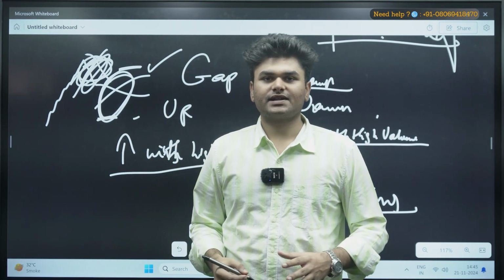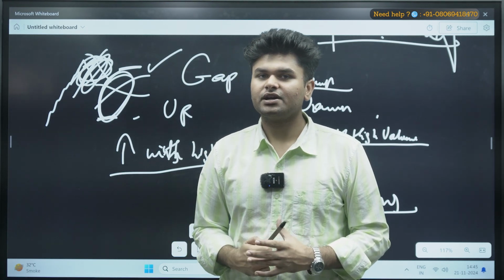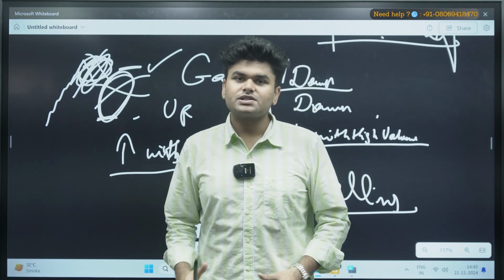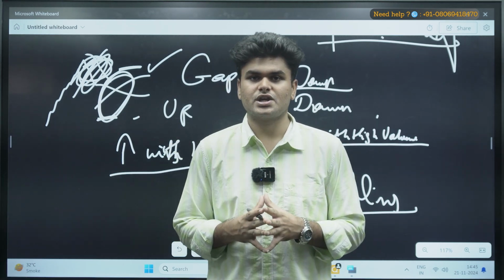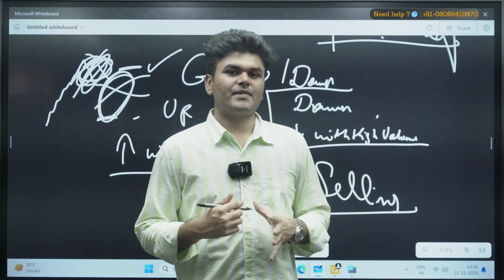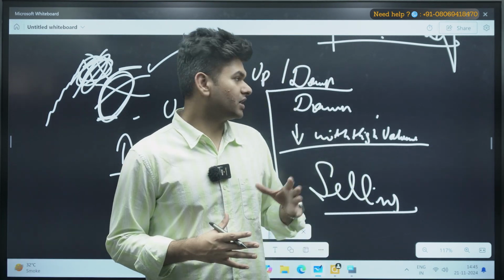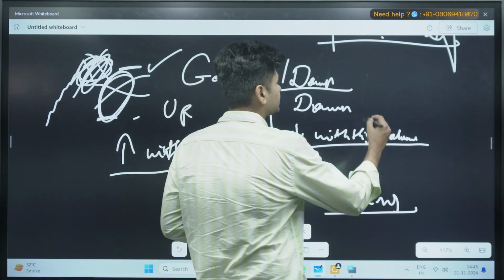Or else, as I said in the pre-market, if there is any kind of news or sentiment, that is also the time where you can see a gap up or gap down. If the market has a bearish view, say a war has broken out, or there is bearish sentiment on a stock, or an earnings release shows the company is loss making, that is the time you'll see a gap down.